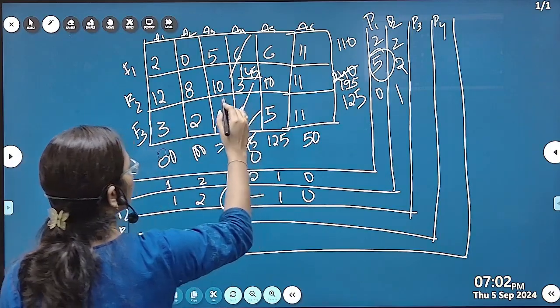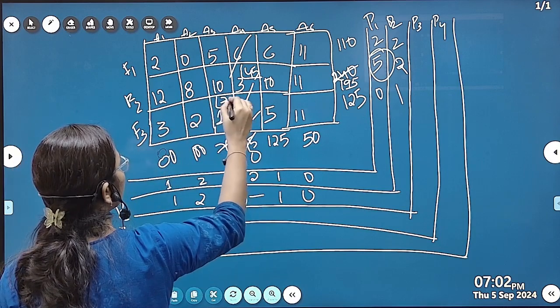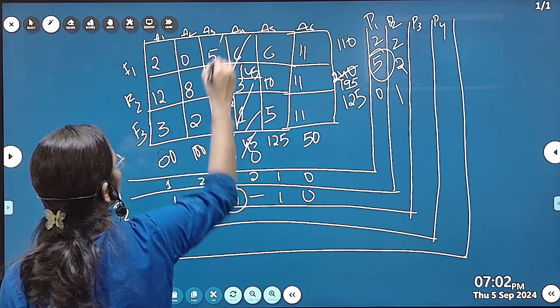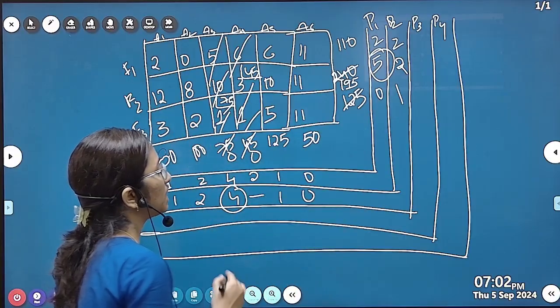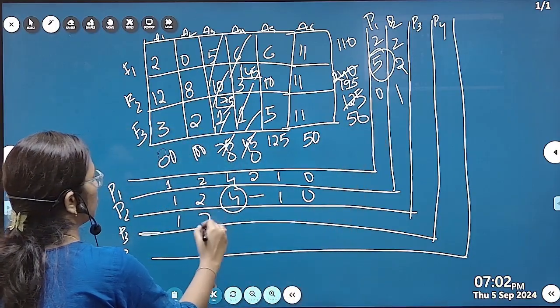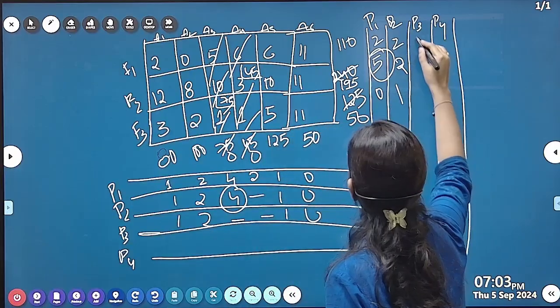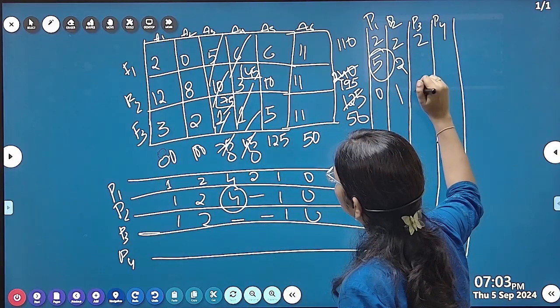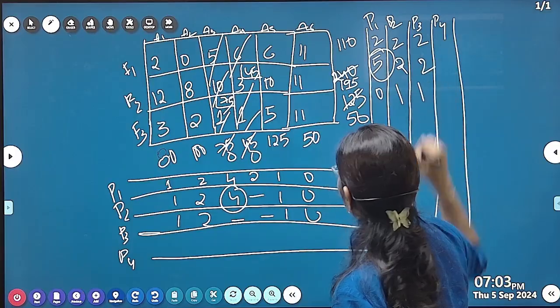So here the 4 will take 75 units, so it becomes 0, cancel. So 75 मतलब कितना units बाकी होगा? 50. So next 1, 2, 1, 0, 2, and this is 2, and next it's 1.